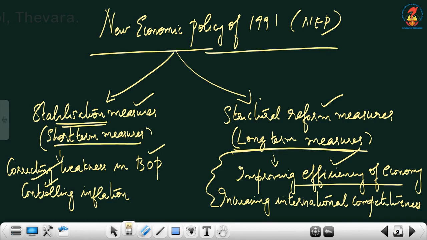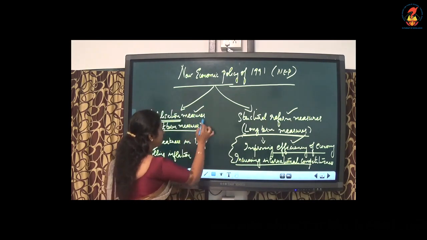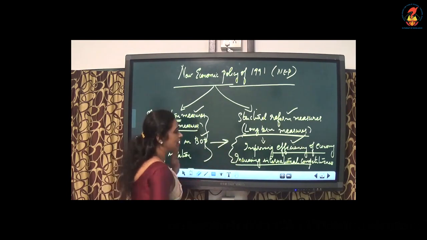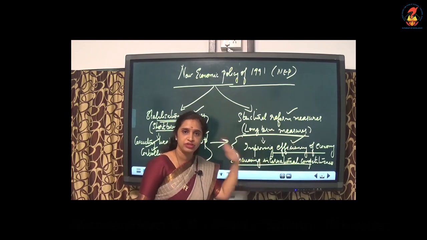There will be efficiency in the economy and there will be an increase in international competition. Definitely, if exports and imports are encouraged, there will be an increase in competitiveness in the market. So, if this is implemented, this also will get solved. This will automatically happen, isn't it?